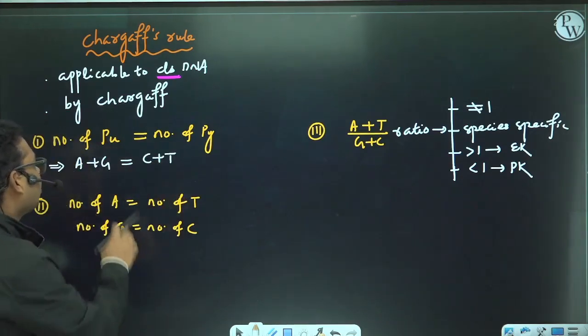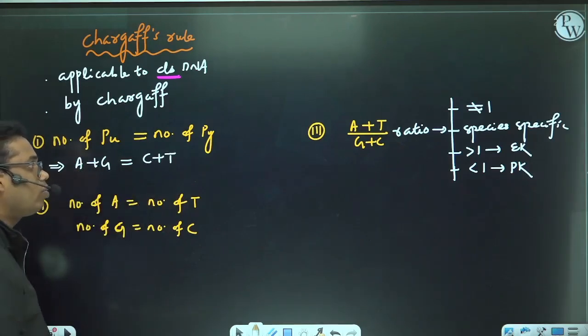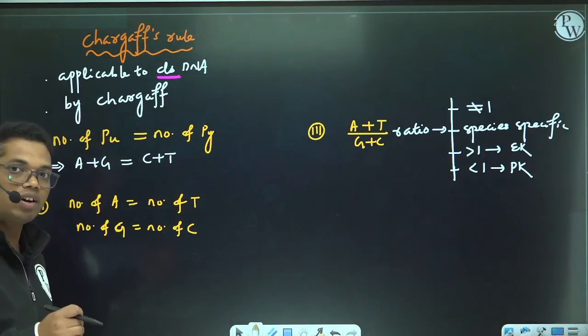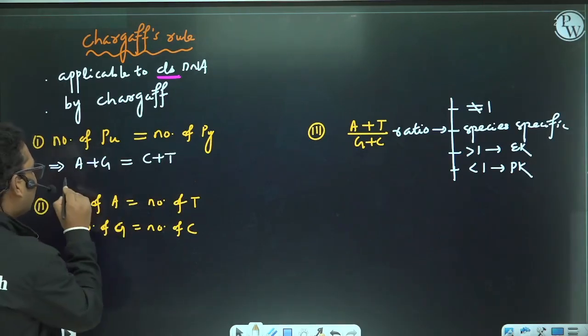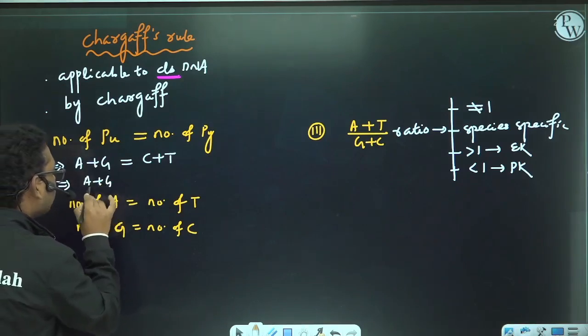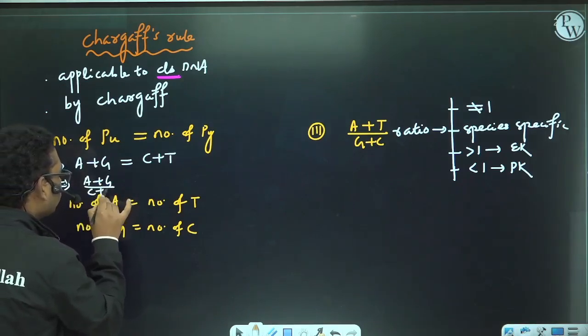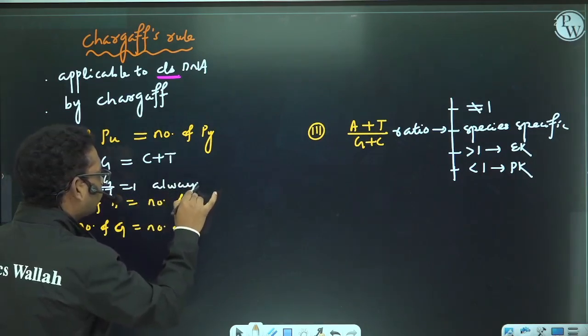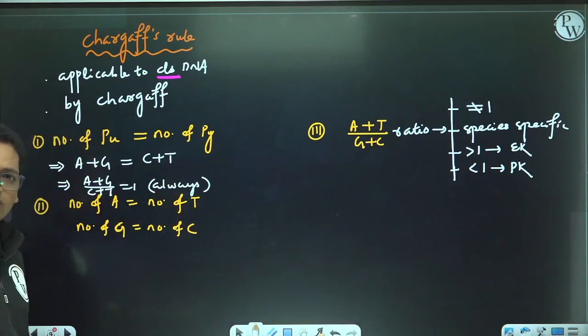So A plus G will always be equal to C plus T, and this is true in double-stranded DNA. That is why A plus G upon C plus T is 1, and this ratio is always 1.